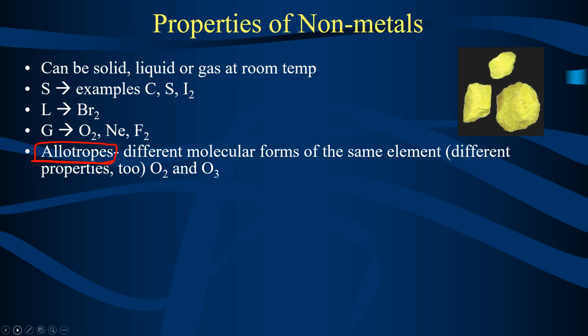And then we have O3, which is ozone, found in the upper atmosphere, which filters out some of the ultraviolet radiation coming from the sun. Same thing with nitrogen. You can have N2 and N3. I don't know the specific names of each of those, but they are found that way in nature as well. And so when you have a different version of the same element, it's called an allotrope.